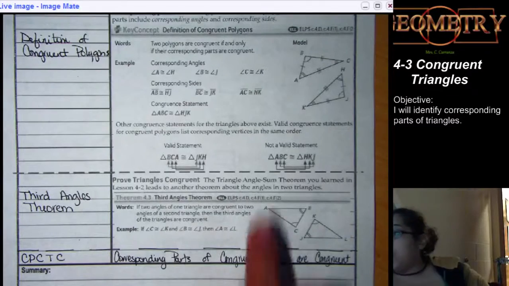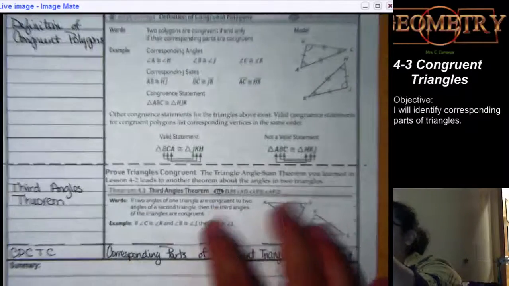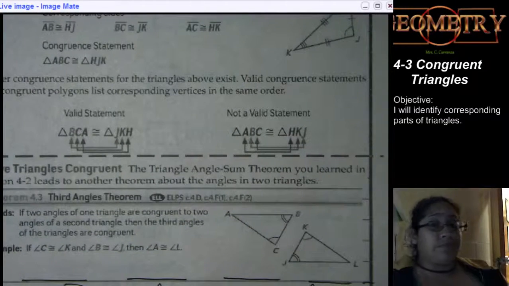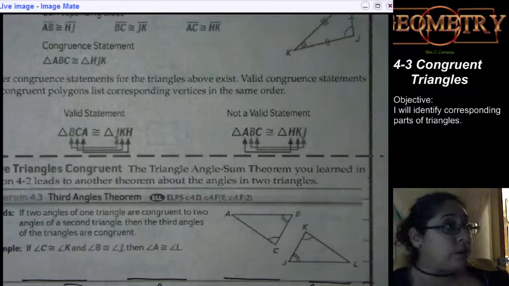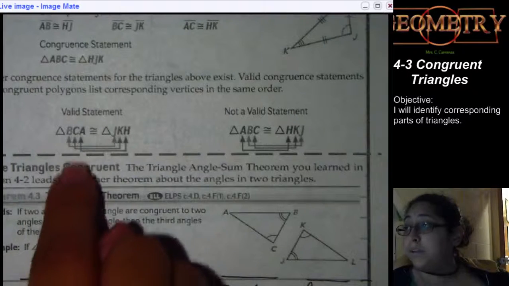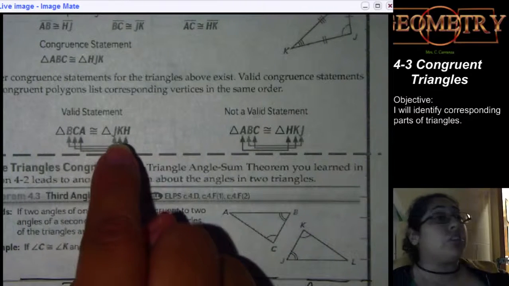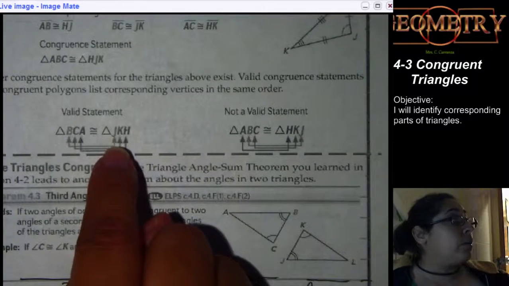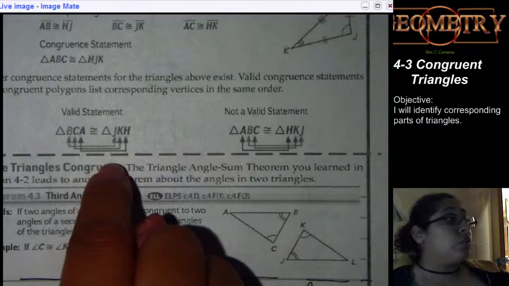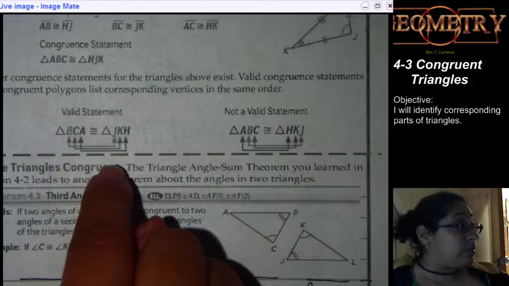Before we get there, however, I need to talk a little bit about how we write congruent statements. When we write congruent statements, we're talking about two different shapes. Here's the first shape being congruent, and here's the second shape that it's being congruent to. The order in which you write those corresponding parts is important.